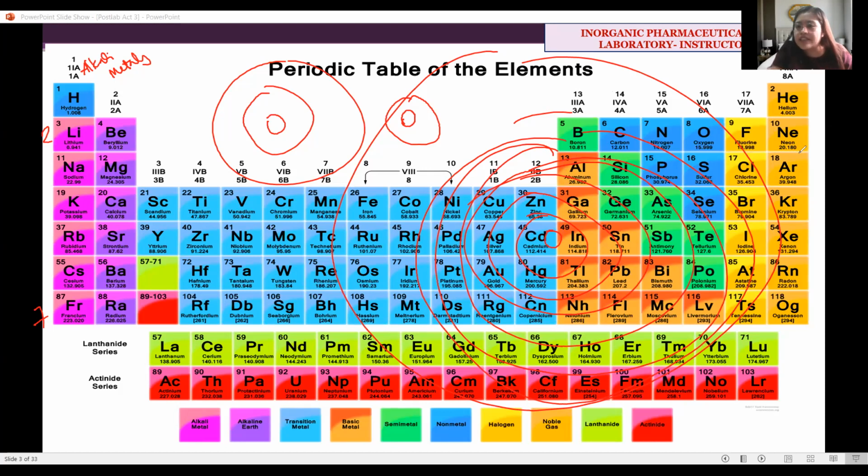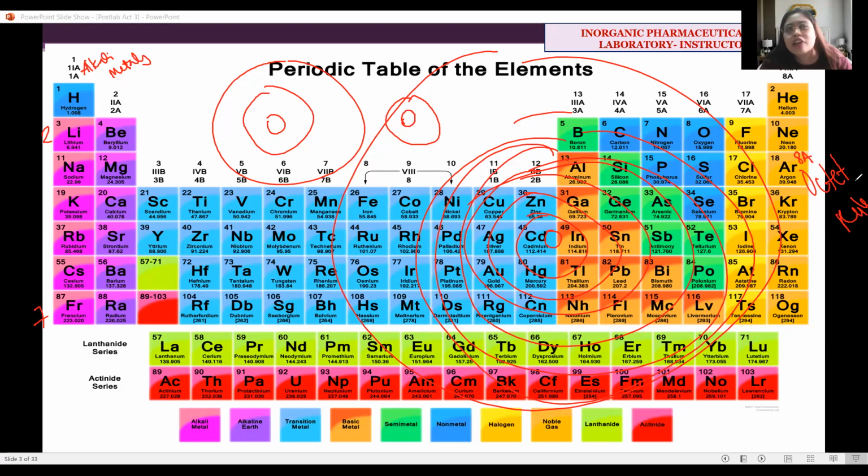In the noble gases, since they belong to group 8A, that means they have 8 electrons in their outermost shell, and that means they have completed the octet rule. The octet rule says the element will become stable if it has 8 electrons in the outermost shell.